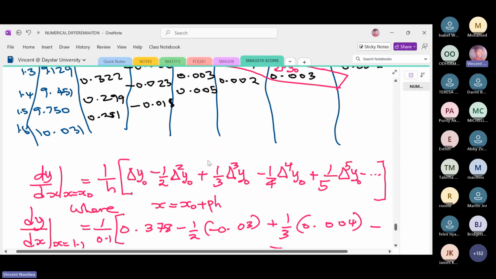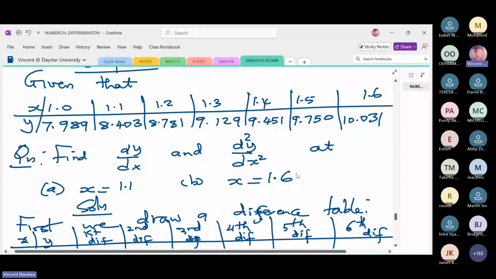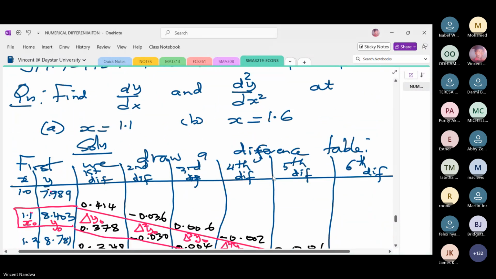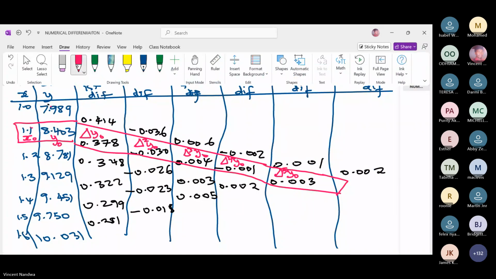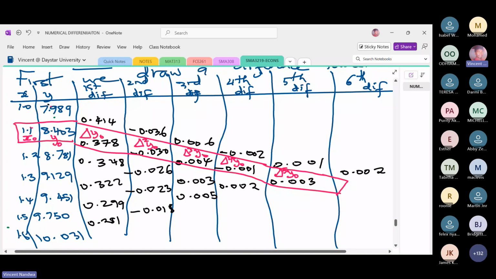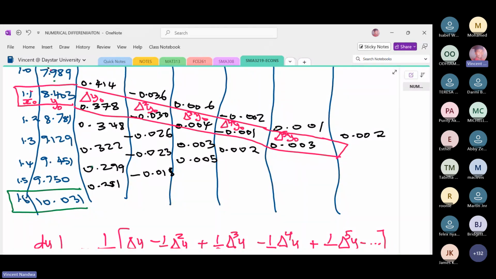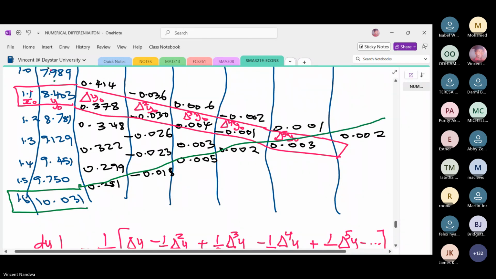Now, part B is to find the derivatives at x equals 1.6. So you'll go to your difference table, then identify the line where 1.6 is. So this is where you have 1.6. Once you have that, pick the diagonal. So pick this diagonal.